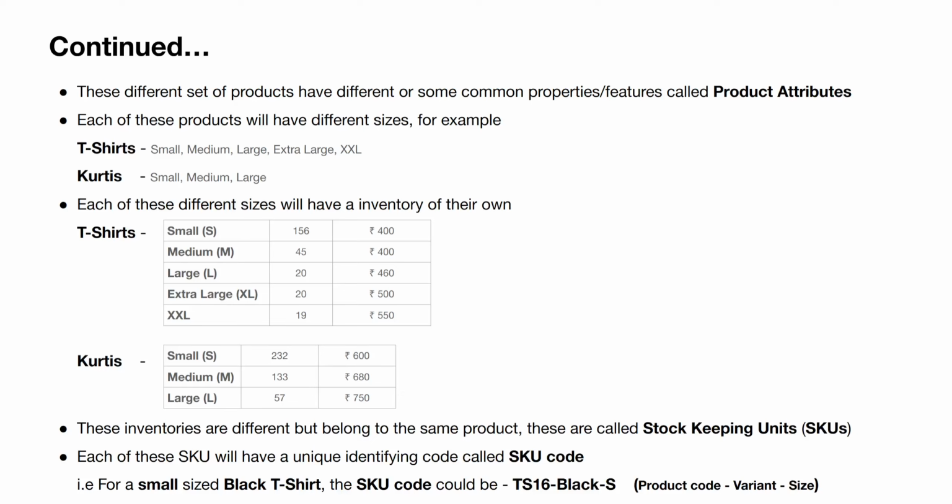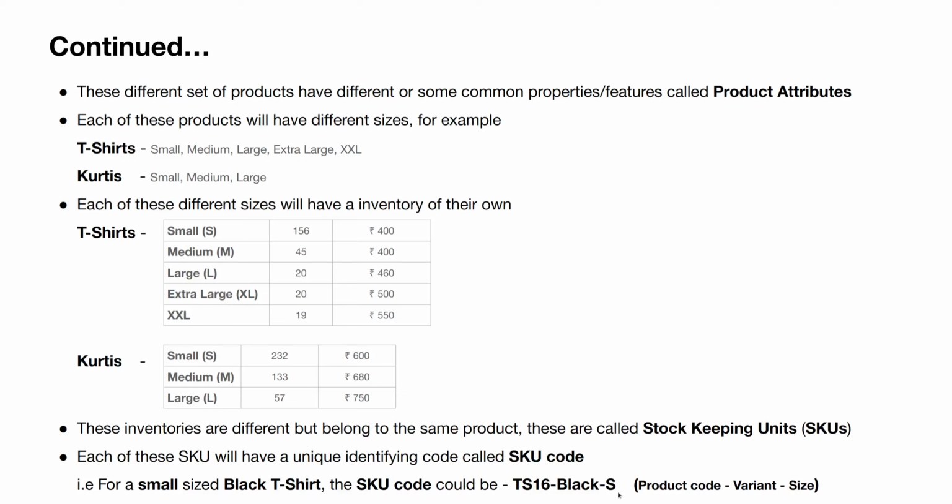Omnibus will automatically take a look at the product code, which it automatically generates when you create a new product, and you can provide a variant if you have for the SKU, otherwise it will be unknown, and size, which you will have to specify, while the variant is optional. For size you will have to specify what's the size. So for example, here it is small, so it is taking S as the size. So this will become our SKU code here for a particular product, which is black t-shirt.